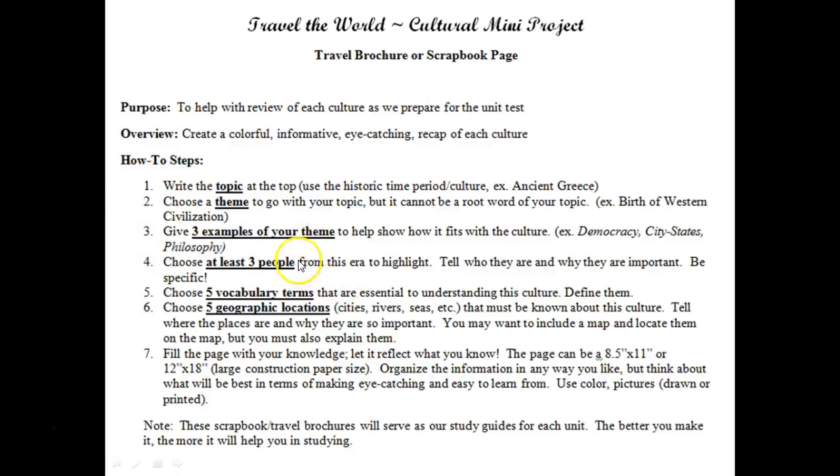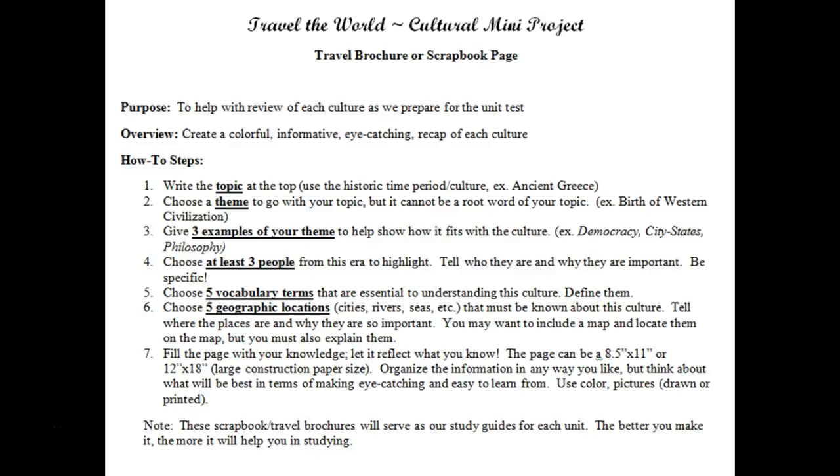Then you need to choose 3 people. Now look back through your notes and ask yourself, who are the 3 people that I've forgotten about? Maybe you forgot about King Nebuchadnezzar. He's pretty important because under the Chaldeans, he's known for his incredible architecture, such as the Hanging Gardens of Babylon. Maybe it's King Ashurbanipal. Maybe it's Moses. I don't know who it is, but choose 3 that you don't think you would have remembered otherwise.